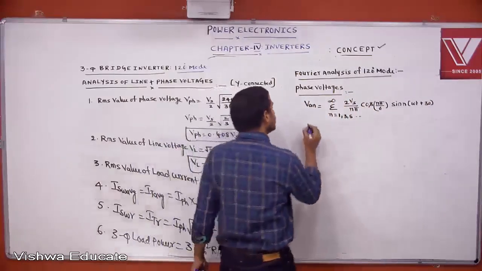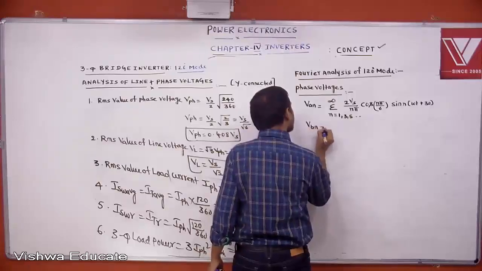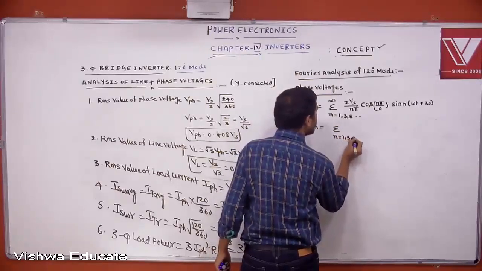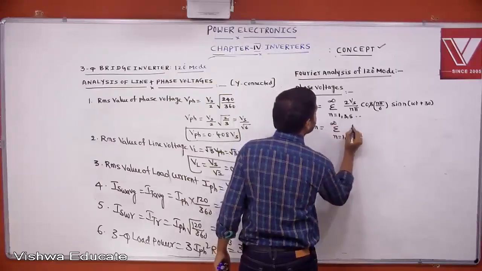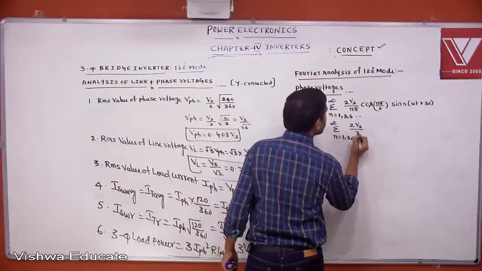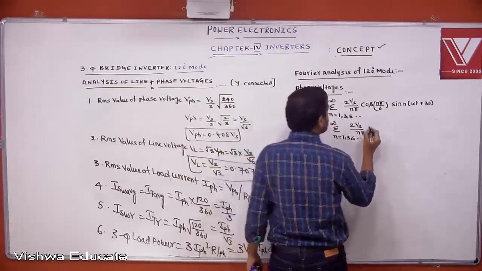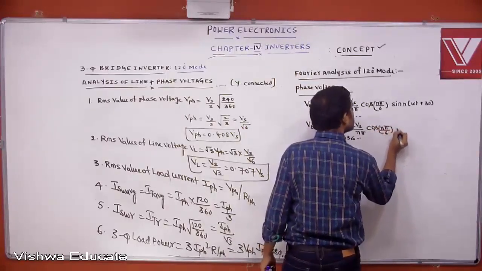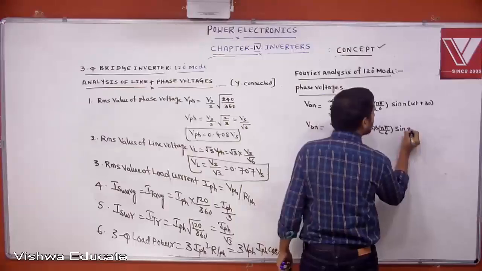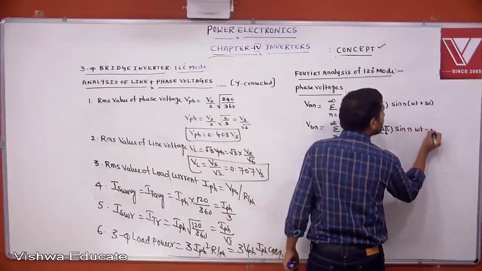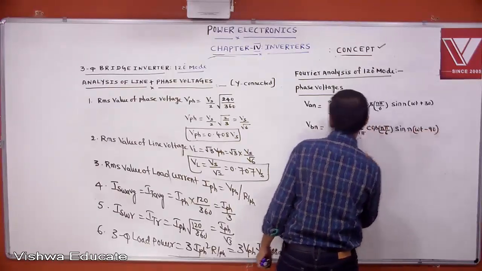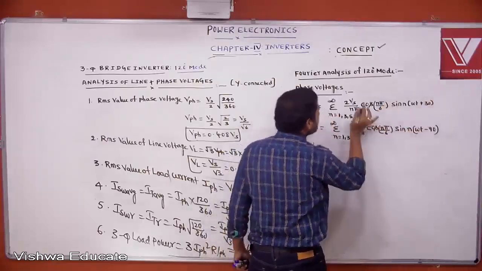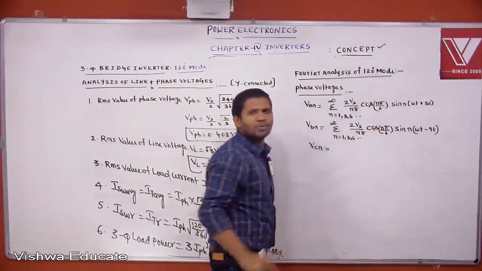Then similarly, you write VBN and VCN. VBN equal to summation n equal to 1, 3, 5 up to infinity of 2 Vs by n pi, cos of n pi by 6, sin of n omega t minus 90. Then similarly, no need to concentrate on the function, you concentrate on the magnitude, amplitude only.